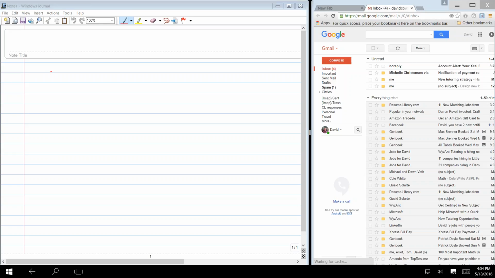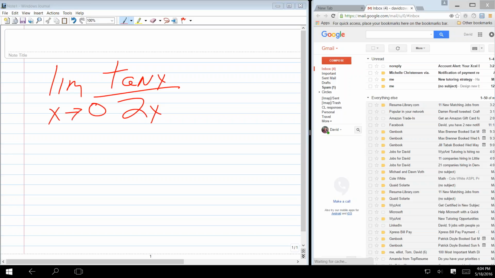So it's just a simple problem, but what is the limit of tangent x over 2x? Let me guess, 0. Yeah. Well, by direct substitution, we get 0 over 0, right?